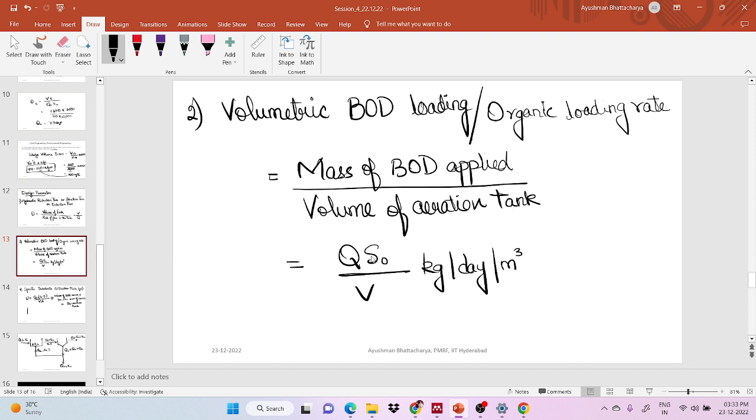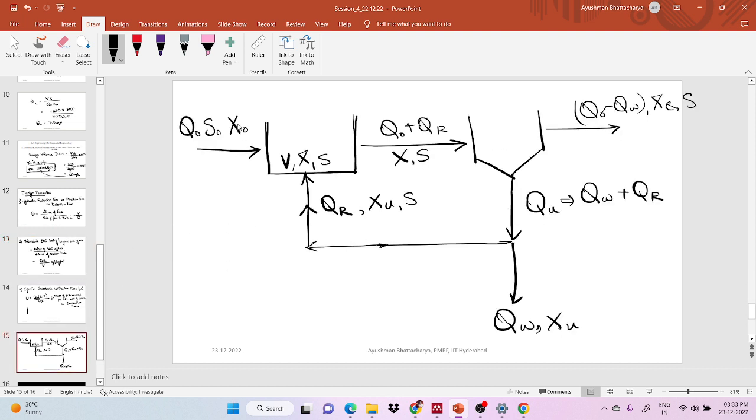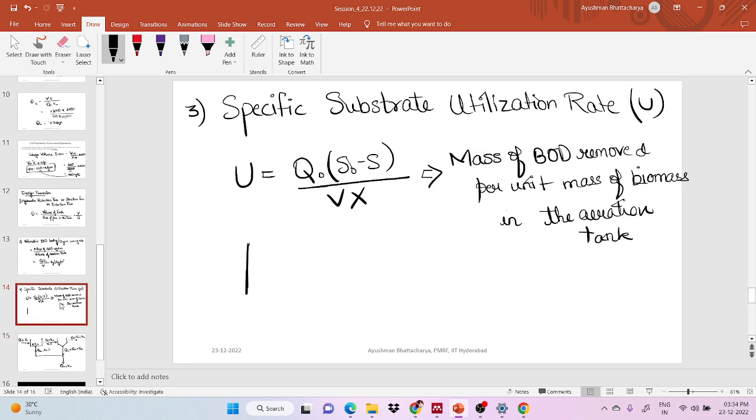Q S naught is the mass of BOD applied, Q and S naught going into the aeration tank. Similarly, specific substrate utilization rate is the mass of BOD removed per unit mass of biomass in the aeration tank.